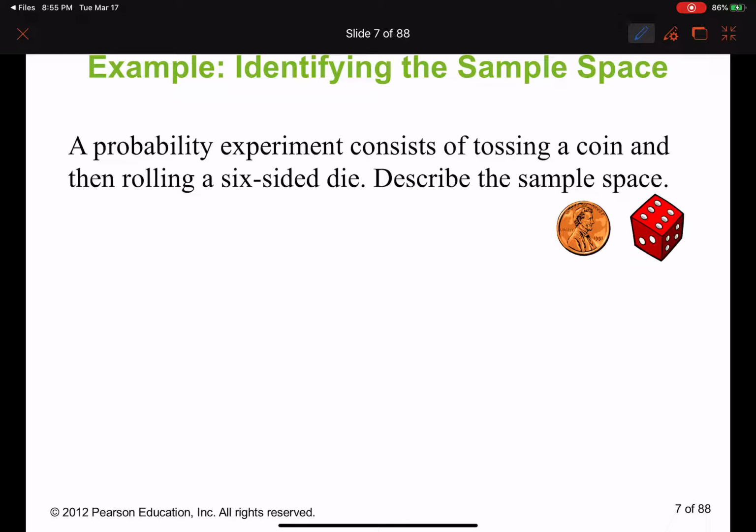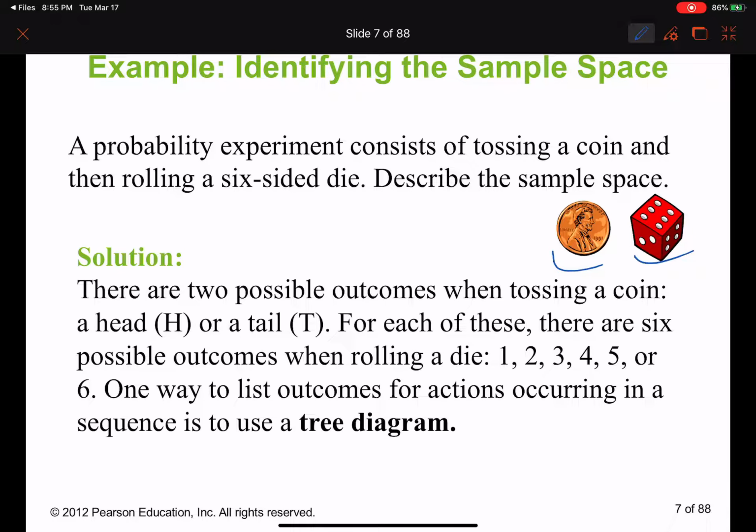So let's identify the sample space here. We are dealing with a probability experiment that consists of tossing a coin and then rolling a 6-sided die. So what will be the sample space? When you toss a coin, you will have 2 outcomes, right? It's going to be either head or tail, correct?